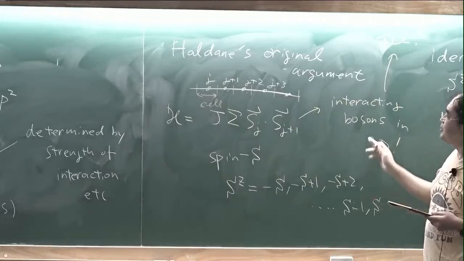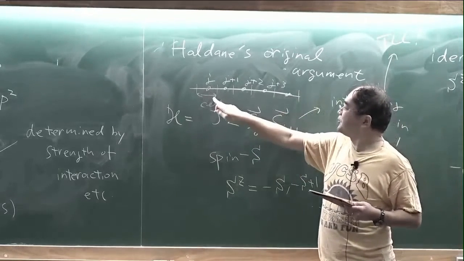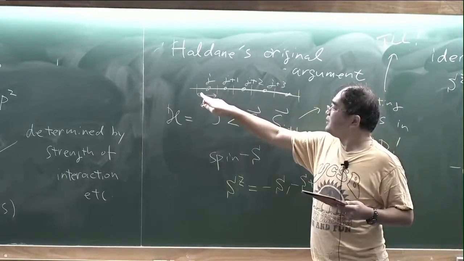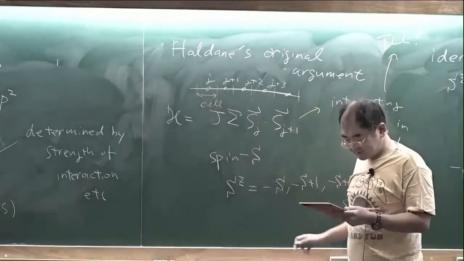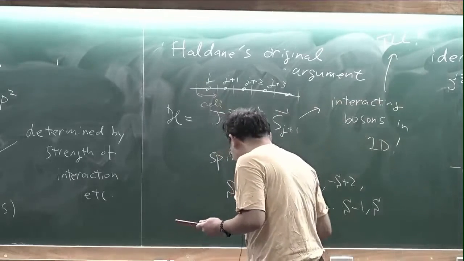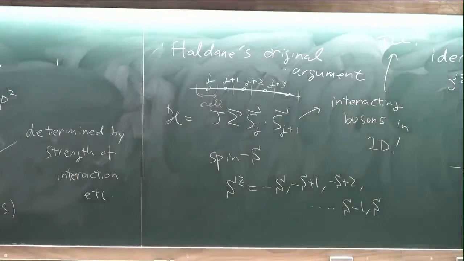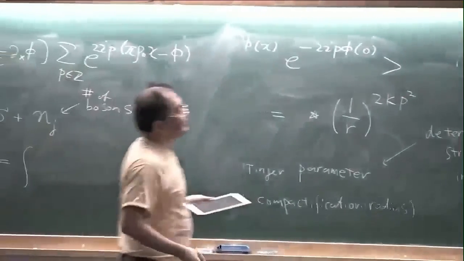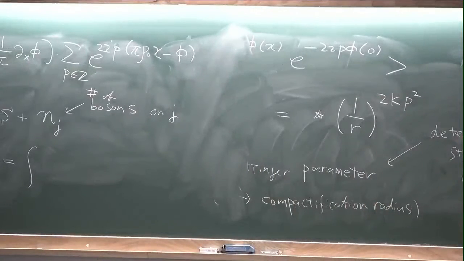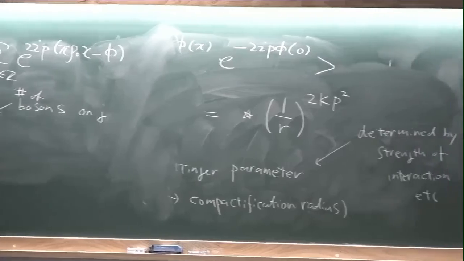Then the number of particles on this site corresponds to the density of particles integrated over this cell. So that's what he did. So N_j is, okay, now I didn't introduce the lattice constant a, but let's suppose the lattice constant, that is the distance between nearest neighbors, is a.